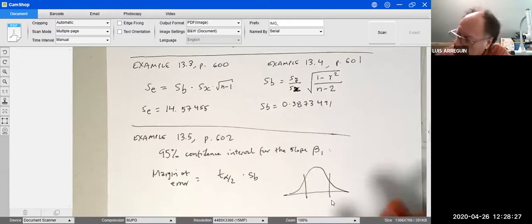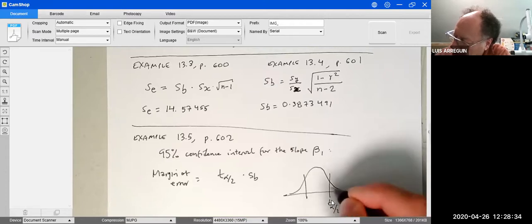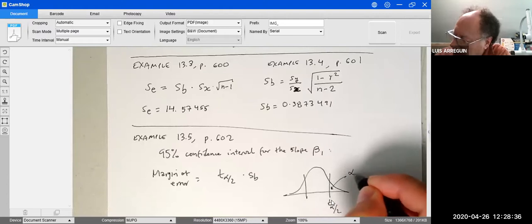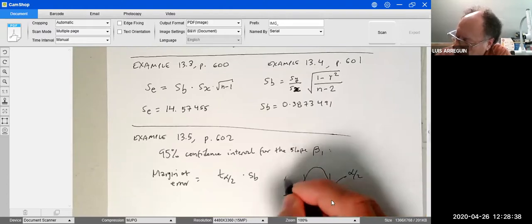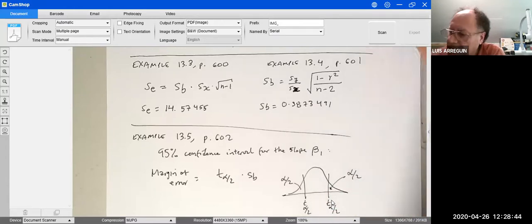So we're going to have something like this. These are our critical values. This critical value here, t alpha over 2, is obtained if we know that this is alpha over 2 in both cases. So we have two critical values, but we only need one.